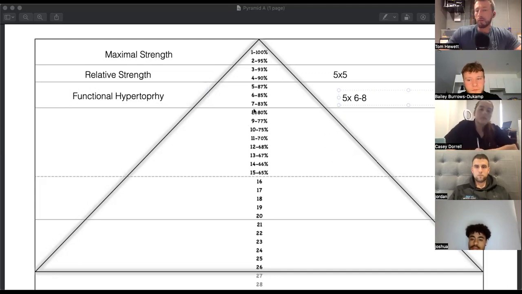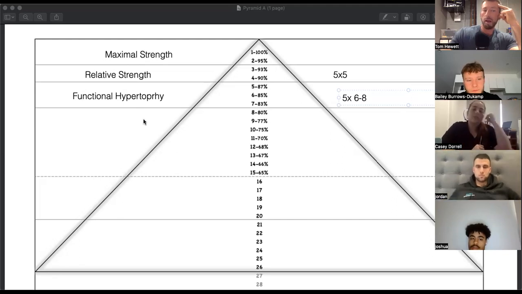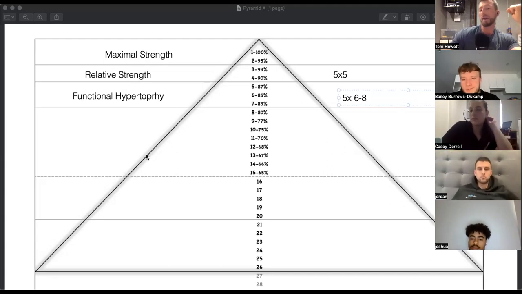So 8s are giving you enough time under tension and enough volume there to start building some muscle tissue and causing some hypertrophy. The 6s are low enough that you're also developing a nice amount of strength relative to that muscle that you have. So it's right in the sweet spot in between relative strength and traditional hypertrophy training. They call that functional hypertrophy because you're building muscle mass that is useful, that you can develop force with.